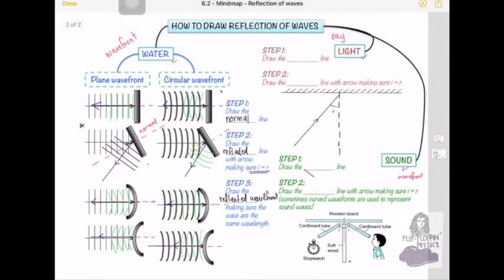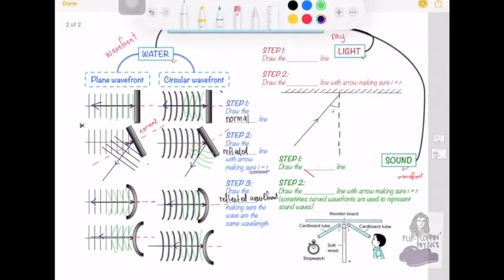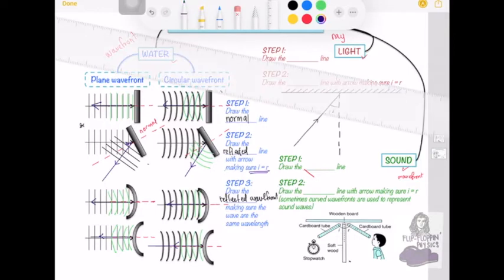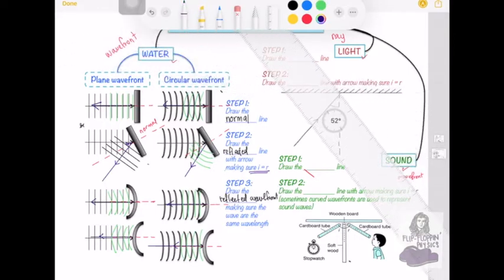So now I'm going to have a look at light. This is pretty easy because you've done this before. You just have to make sure that i is equal to r, and then you basically get your reflected ray. I've already done the first step for you here, which is drawing the normal.